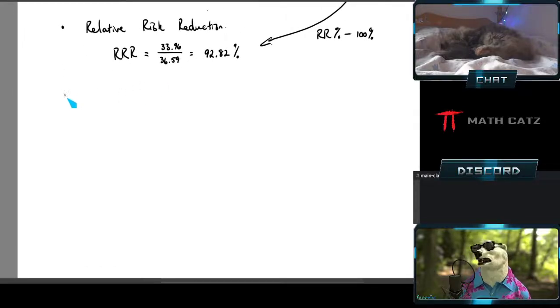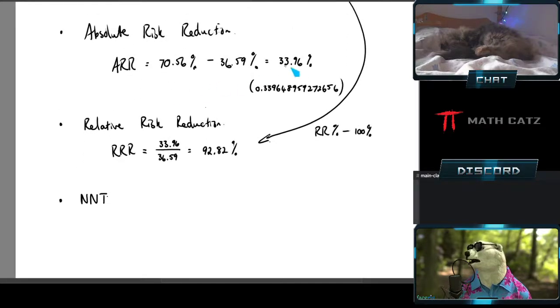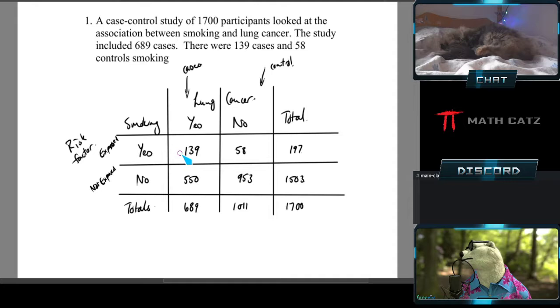Two more. Number needed to treat. Remember what that is. That used the fact that there is a percentage of the population that smoke that are going to get lung cancer, statistically speaking. But if they didn't smoke, it could have been avoided.